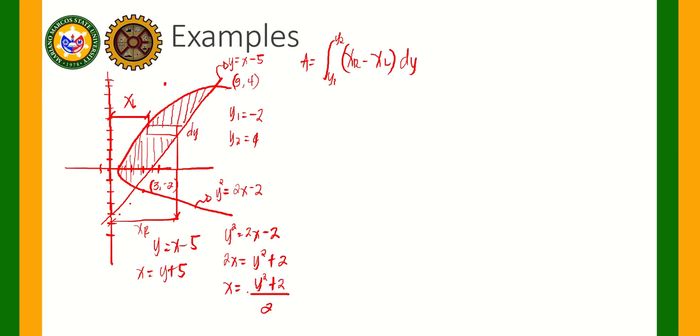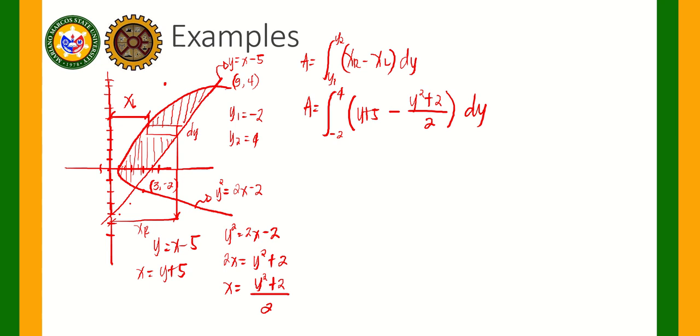So, ito yung gagamitin natin na function for our x sub L. So, let's plug the values. This is equal to x sub r natin is y plus 5 minus x sub L, y squared plus 2 all over 2 dy limits from, ano yung y sub 1 natin? Negative 2 to positive 4.